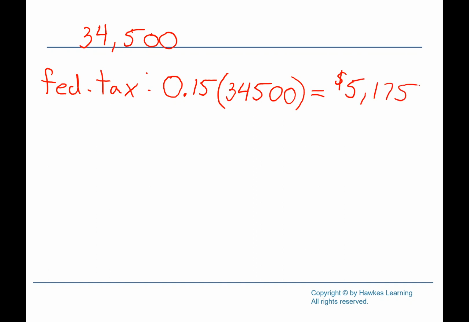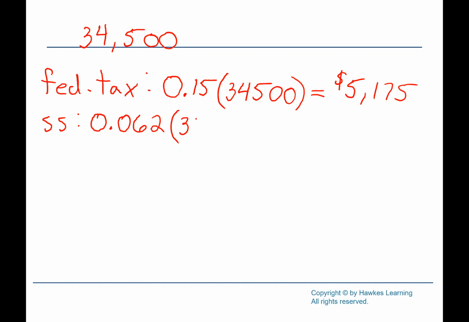Okay. What was next? Social Security was 6.2%, so we had to be a little careful. I'm changing that to a decimal. If we move 2 places to the left, that'll be 0.062. And unfortunately, we just have to multiply that by 34,500 again.